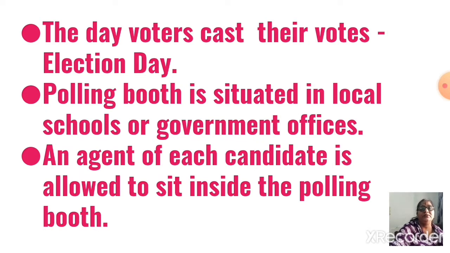Every person whose name is on the voters list can go to the nearby polling booth to cast their vote. Now, what is a polling booth? Polling booths are the place where people go to vote in an election. It is called a polling booth.